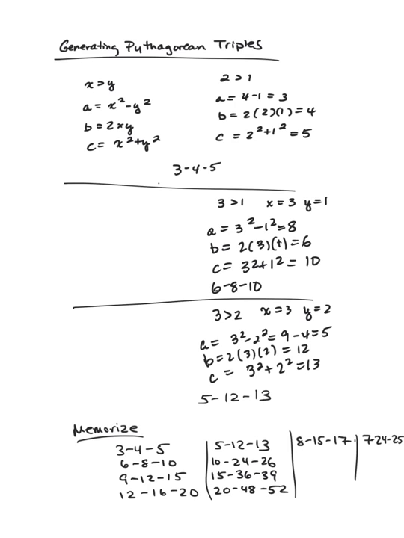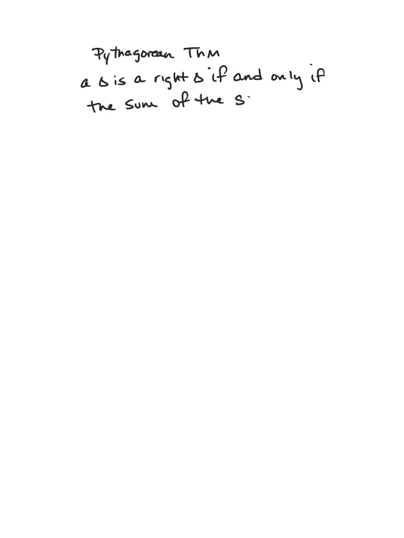All right. So, what's the Pythagorean inequality theorem? You know the Pythagorean theorem, right? It is for right triangles. A triangle is a right triangle if, and only if, the sum of the squares of the legs equals the square of the hypotenuse.